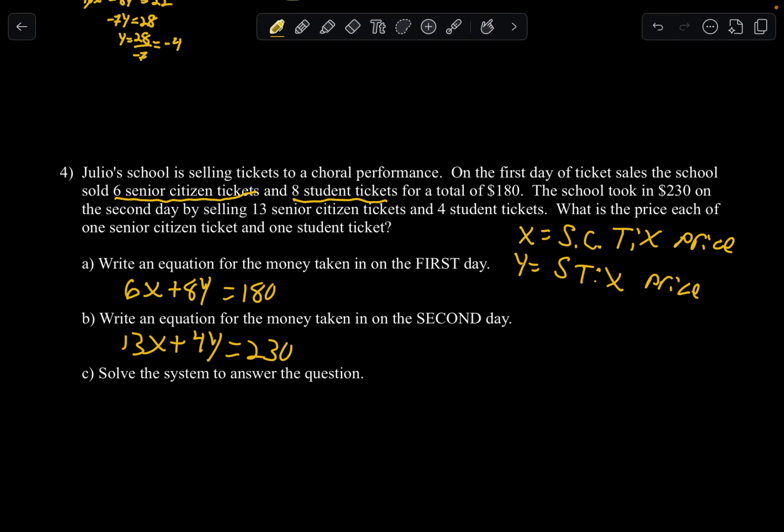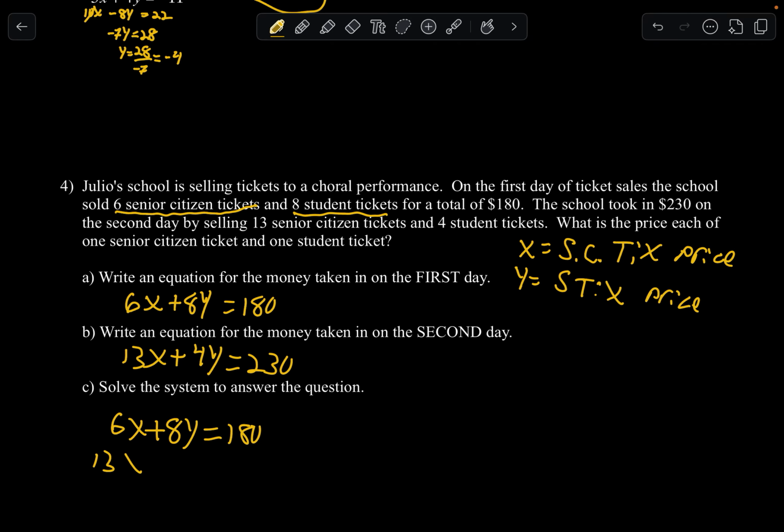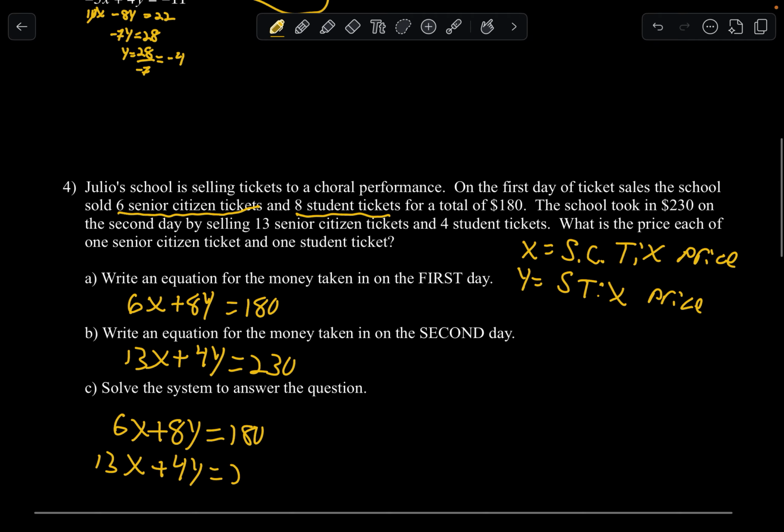So now we have these two equations. I'm going to go ahead and write them on top of each other because now we have to solve the system to answer the question. They want to know how much was the price of each ticket. So here's one equation, here is the other equation. The first thing that comes to mind is it seems like the y's would be the easiest to kill.